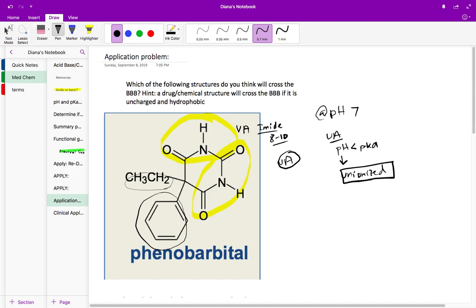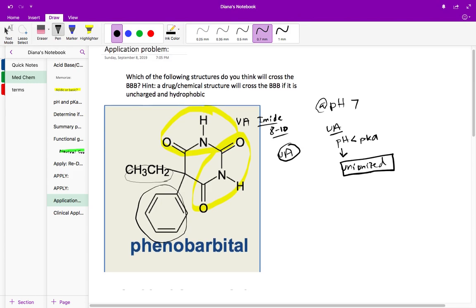So you would actually want your pH to be greater than the pKa. But in this case, we're putting an unionized acid in an acidic environment. The pH is low, so it's like an acid in an acidic environment. It's going to stay unionized. That goes back to the basic videos we watched earlier about acid-base chemistry.